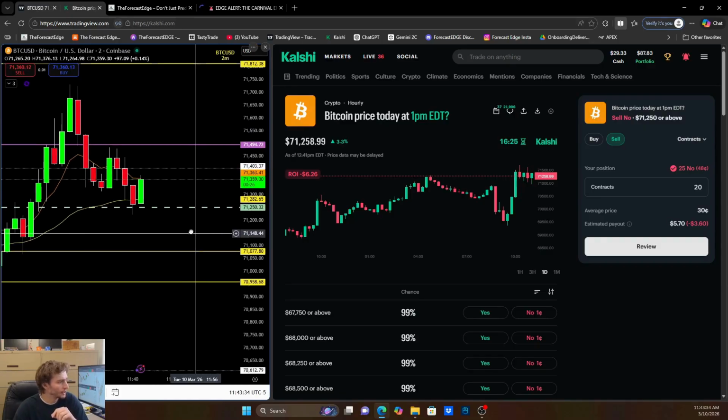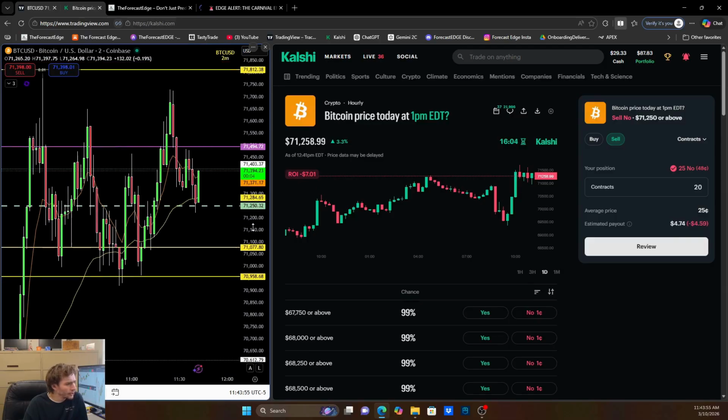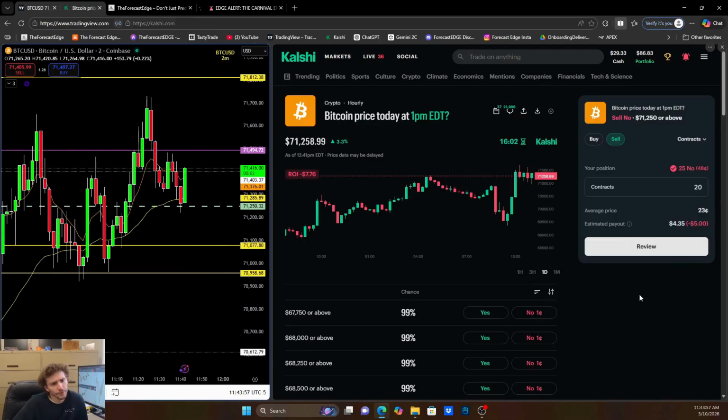So it needs to be trading under this 71,250 for us to be paid out on our contracts at an average price of 48 cents. And now it's trading at an average price of 28 cents, which is saying there's still about a 28% chance that that is the outcome. And we'll wait with our patience. 15 minutes left.